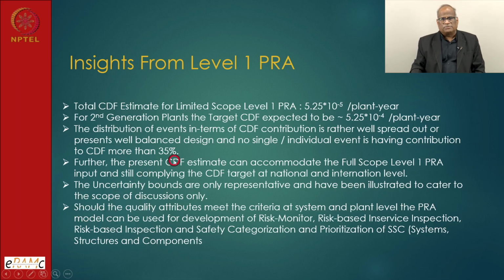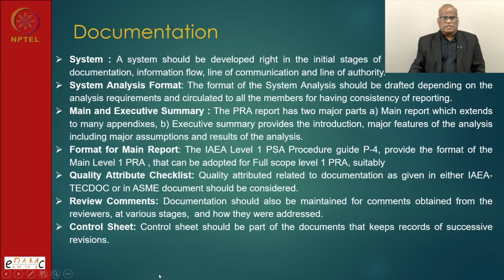What are the uncertainties, what is the core damage, what is the fraction, how much total contribution is there, and then the quality attributes meet the PRA standard, because our uncertainty bounds were very small, and then this can be used for risk monitor and risk based in-service inspection. These are various application areas where this data can be used. Okay.